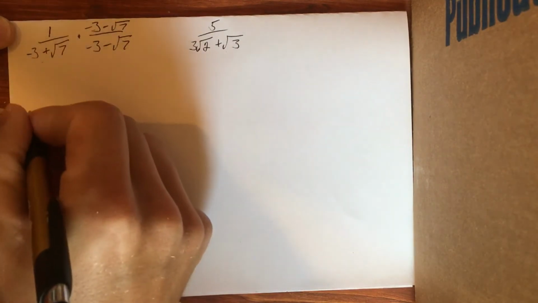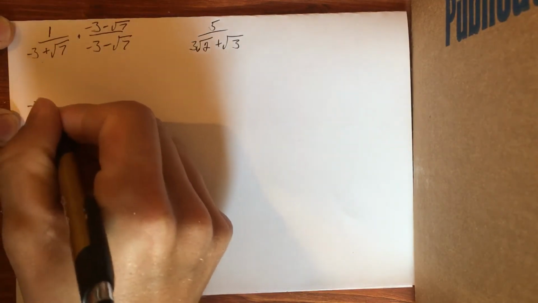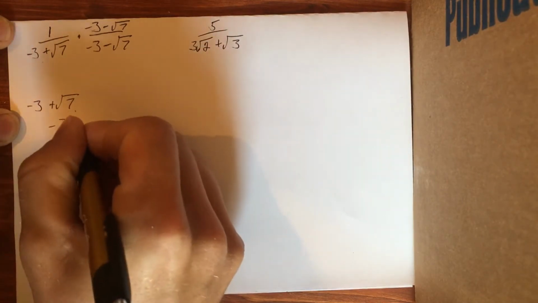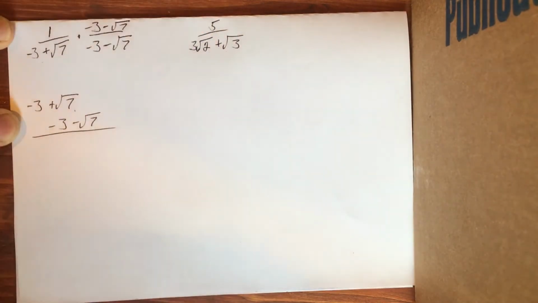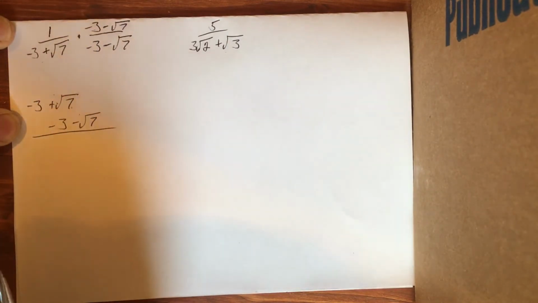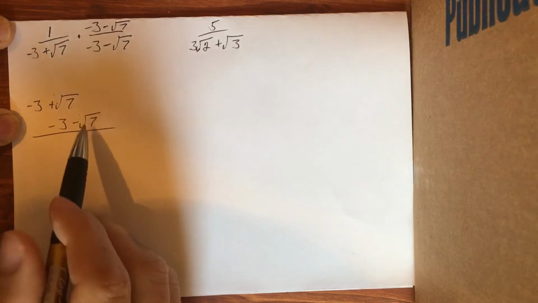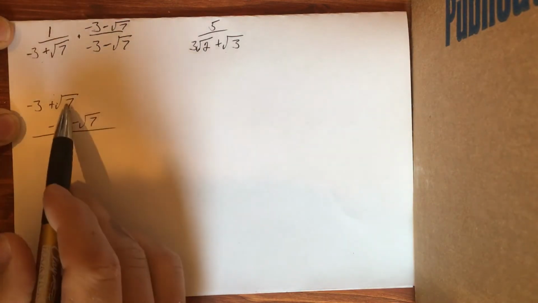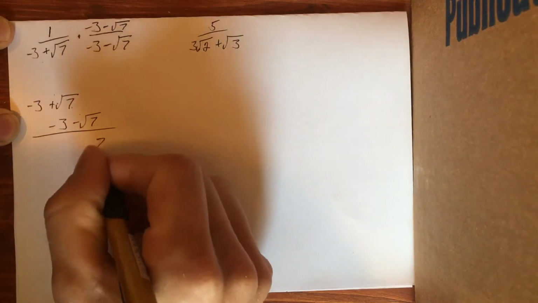So we're going to go -3 plus the square root of 7 times -3 minus the square root of 7, starting out. Negative the square root of 7 times positive the square root of 7: the square root of 7 times the square root of 7 is 7.